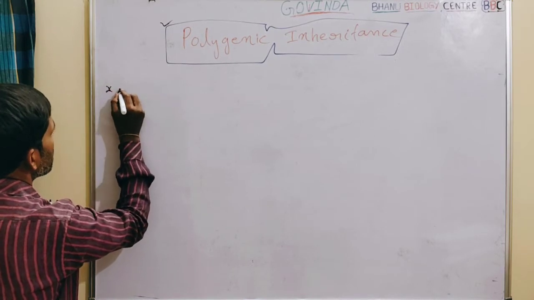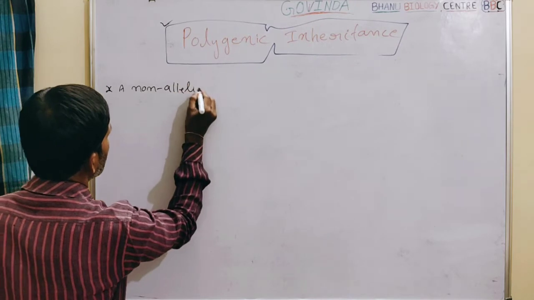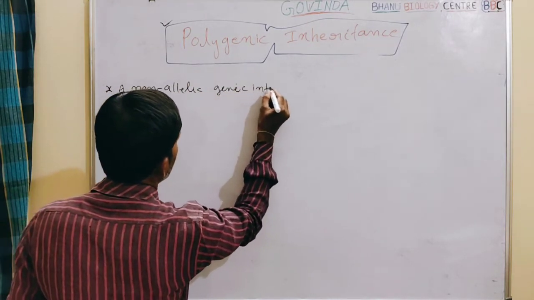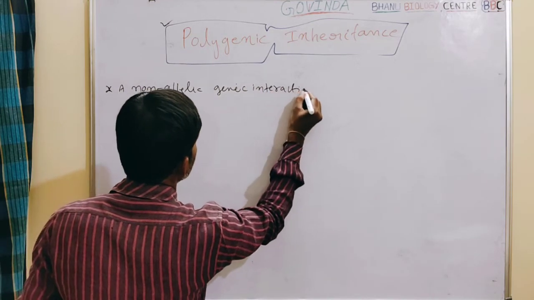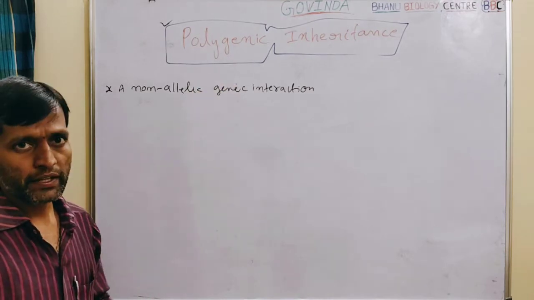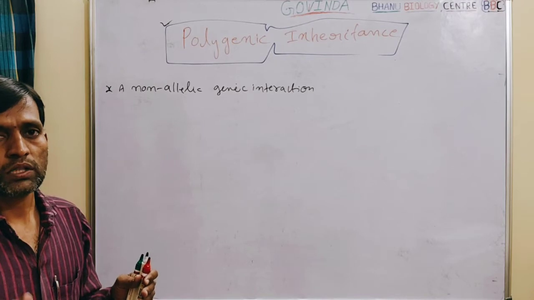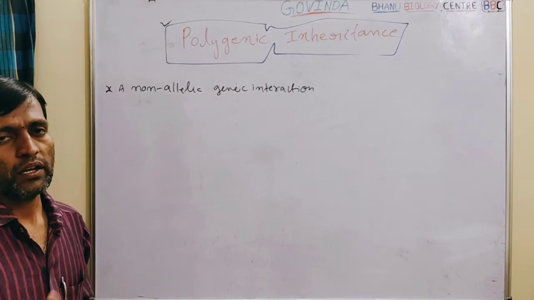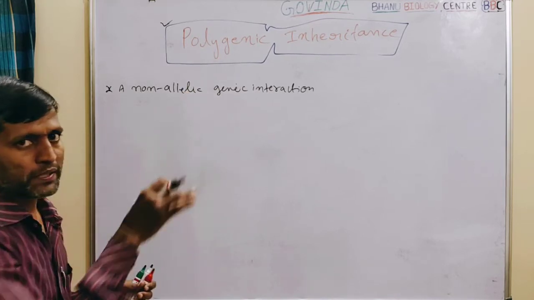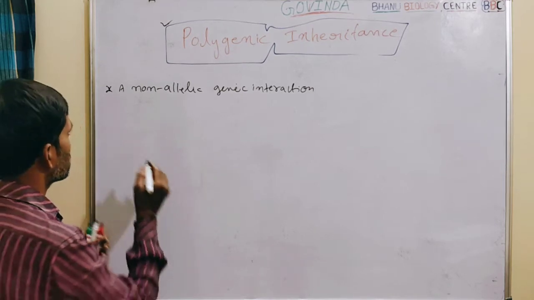Polygenic inheritance is a non-allelic genic interaction because the alleles responsible for this type of inheritance may be present in the different loci of the same homologous chromosome or in the different chromosomes. Here the interaction is between two alleles present in the different loci or the different chromosomes.